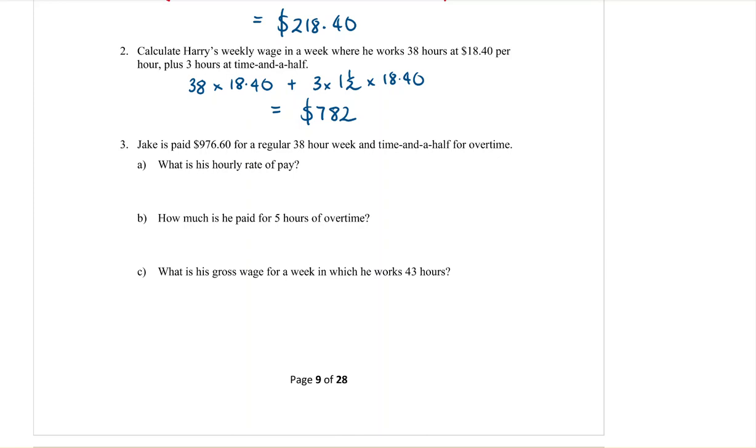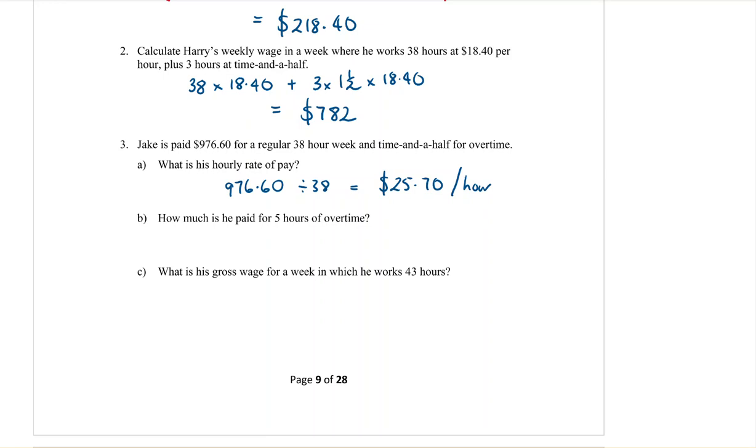First of all, because that $976.60 was the total pay, I need to work out what his hourly rate was. We did this last lesson. We start with that $976.60 and we divide it by the 38. Okay, that means he's going to get $25.70 per hour. Remember that slash, per hour.